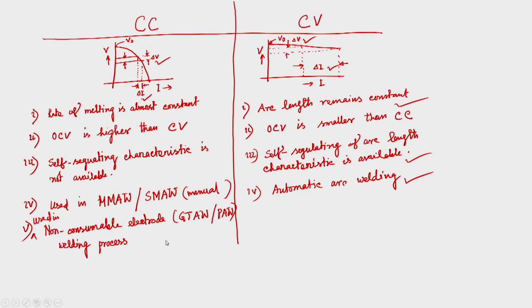Because what happens during starting of the non-consumable electrode arc is that the tungsten touches the workpiece.